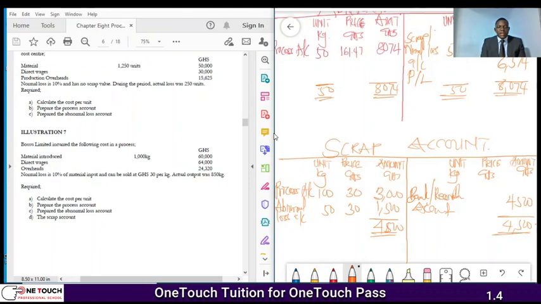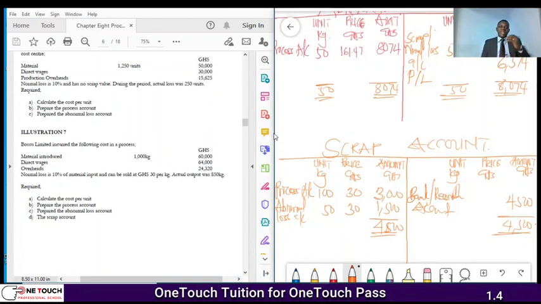All right. So now we've demonstrated how losses in the process will be handled. Now we know that normal loss is something that is an integral part of the process, and therefore, if the normal loss can be scrapped, the scrap value is used to reduce the total cost of the inputs, and therefore the expected output is valued at a reduced cost, which is the total cost less the scrap value of the normal loss.